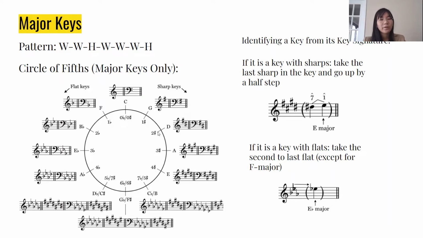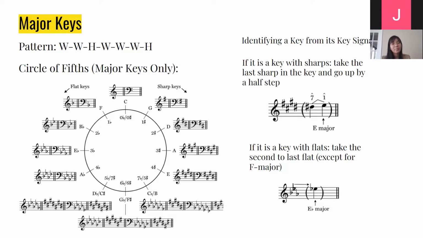Okay, so here is the circle of fifths, and it has the major keys only. And I'll tell you why it's called the circle of fifths later, because you might have also heard it as the circle of fourths. So here you see 1 flat, 2 flats, 3 flats, 4 flats, 5 flats.